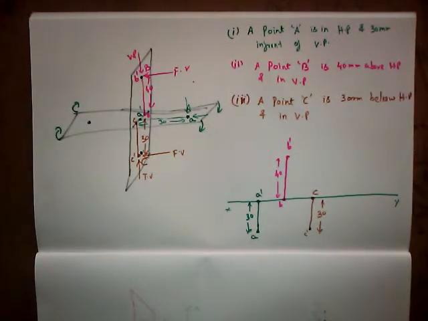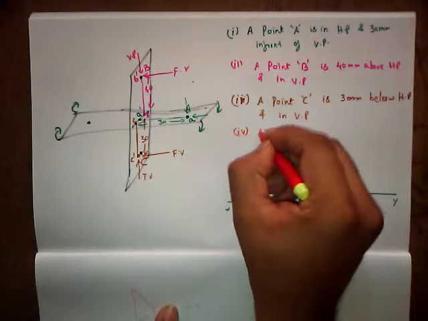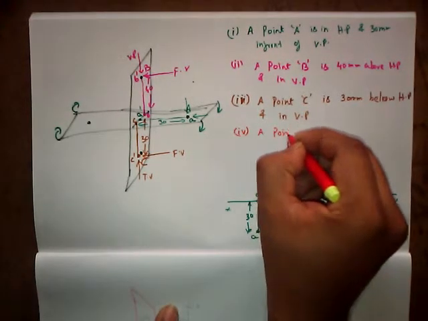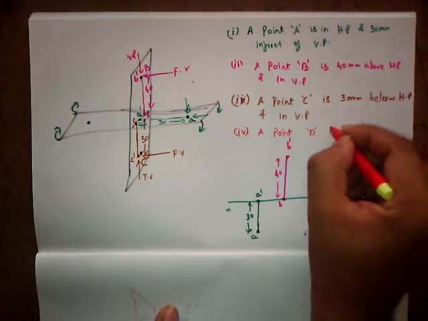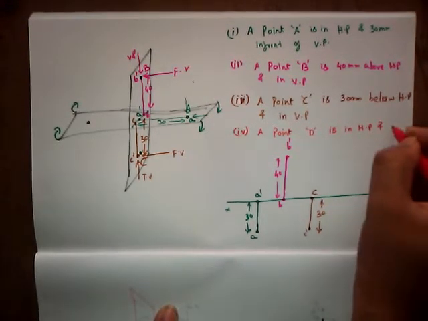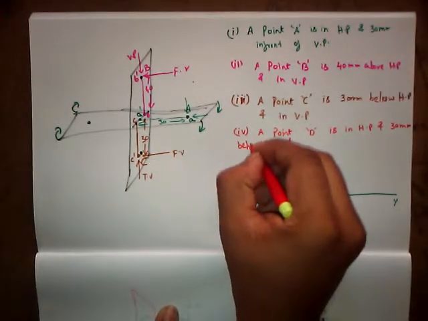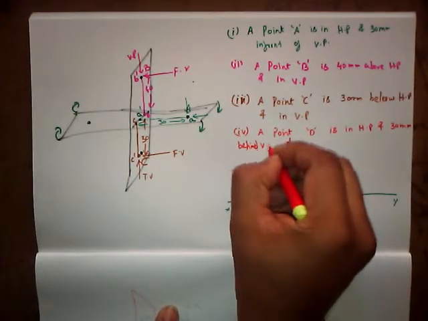Okay, take the last one. A point capital D is in HP and 30 mm behind VP.